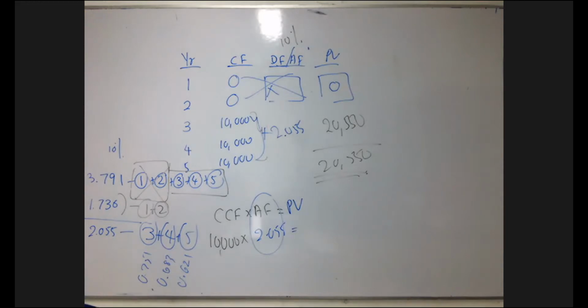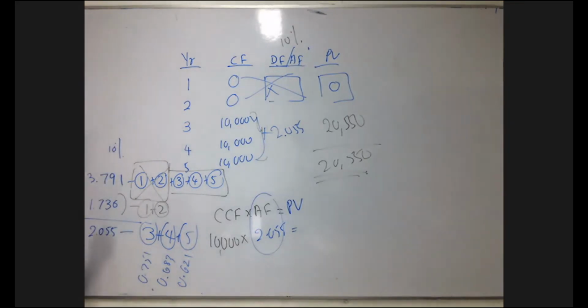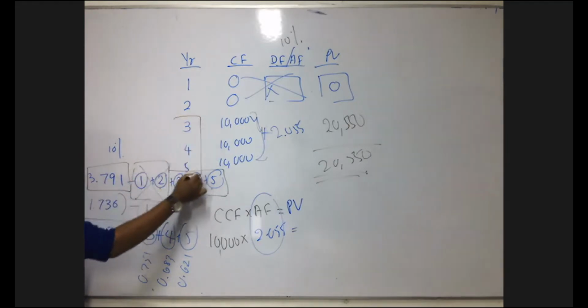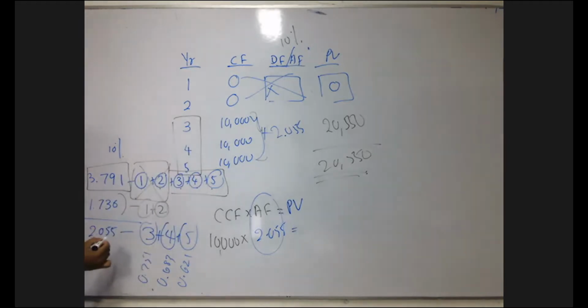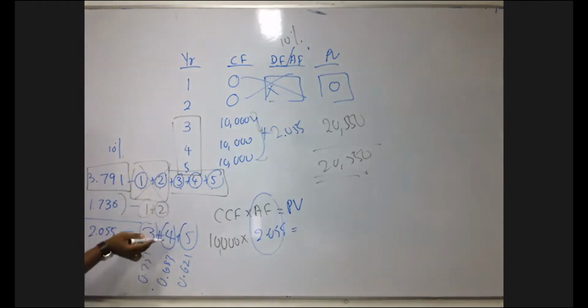Sir, I don't understand why you deducted 3, 4, 5. I didn't deduct 3, 4, 5. 3.791 is the addition of 1, 2, 3, 4, 5. But out of these, for your question, you want only the addition of 3, 4, 5. Then if you want only 3, 4, 5, remove the addition of 1 and 2.